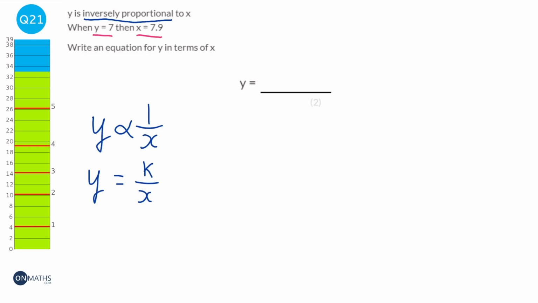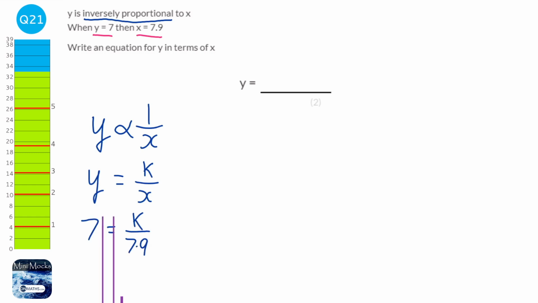So we know that when y is 7, then x is going to be 7.9. And what I need to do now is just draw my lines down. And what I'm going to do is I'm going to just times both sides by 7.9. And so we have k equals, and it'd be 7 times 7.9, which is 55.3.